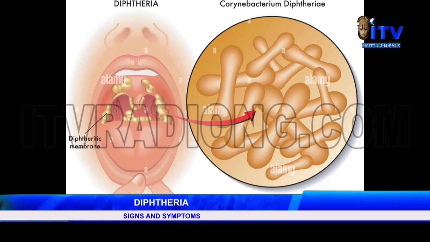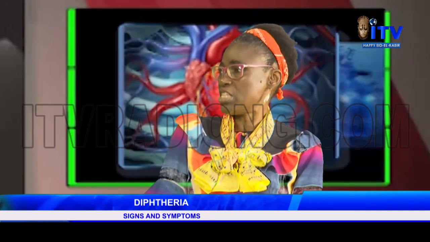When we had the outbreak last year, this is not the first one in Edo State, for your information. We have had previous outbreaks, even as far back as 2008 and 2009, and then last year we had about 20 cases in Edo State that were managed. We managed about 19 of them in UBTH.